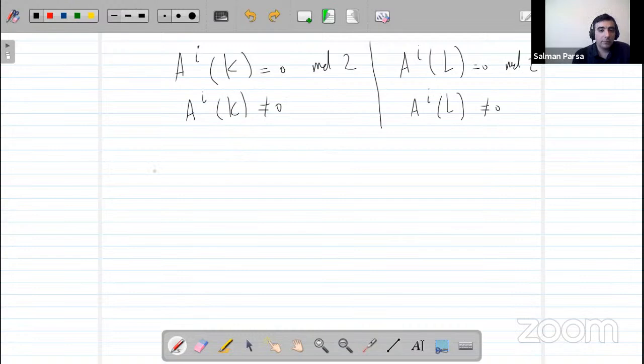And when this is true, we can write this. I show this with A. So we can write A as 2 times some other class B, where B is non-trivial. And imagine I is even.